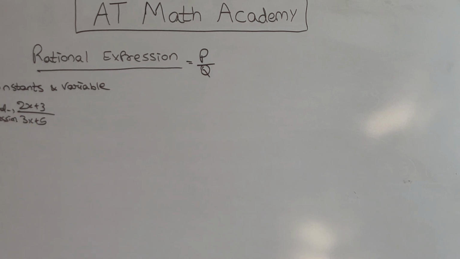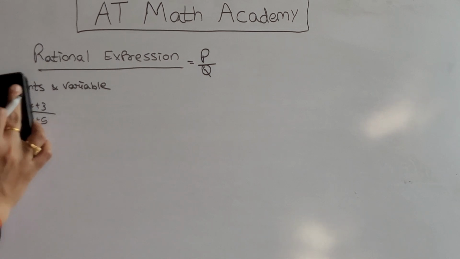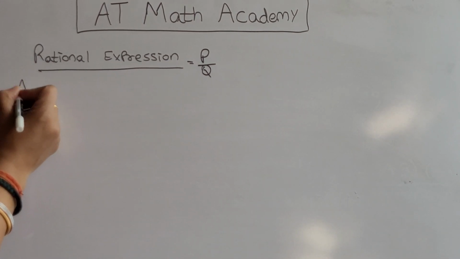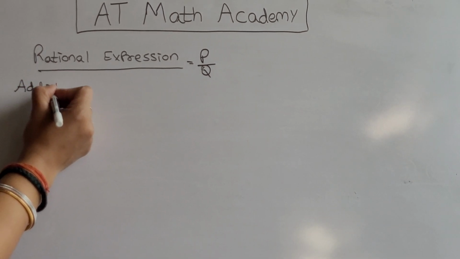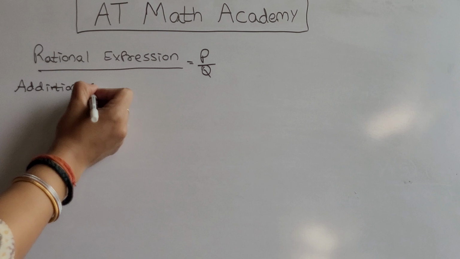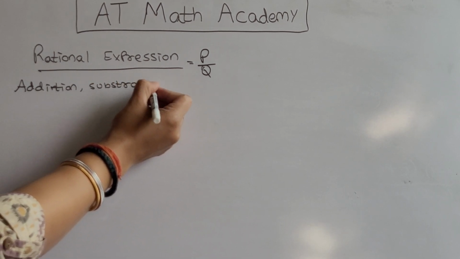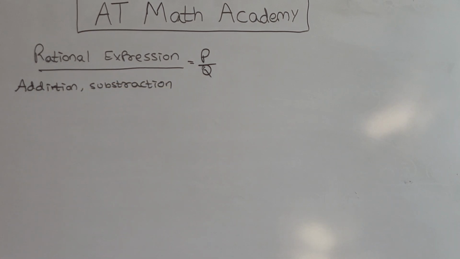Today I'm going to show you how to simplify, like do some operations on rational expressions, which is adding and subtracting. We are going to take an expression that has both of these operations, and we are going to simplify it.